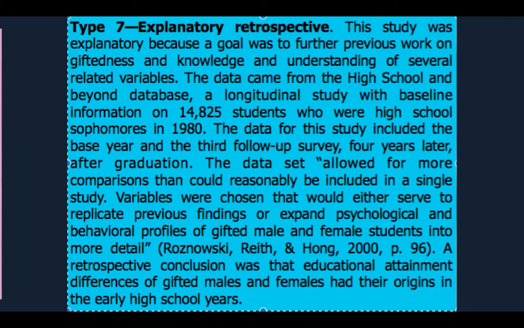The data for this study included the base year and the third follow-up survey, 4 years later after graduation. The data set allowed for more comparisons than could reasonably be included in a single study. Variables were chosen that would either serve to replicate previous findings or expand psychological and behavioral profiles of gifted male and female students in more detail. Their retrospective conclusion was that educational attainment differences of gifted males and females had their origins in the early high school years.